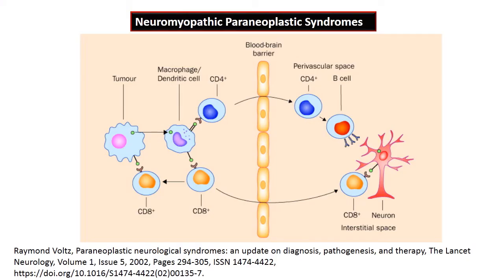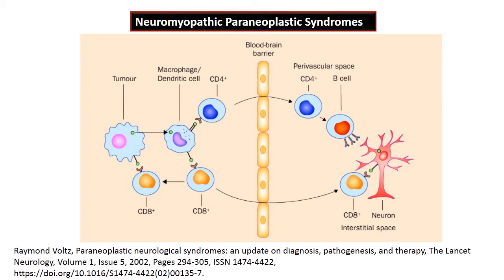This is the proposed schema for the pathogenesis of neuromyopathic paraneoplastic syndrome. An onconeural antigen is expressed within the tumor cell. When the cell dies, the antigen is taken up by local dendritic cells or macrophages and it is presented to both cytotoxic and helper T cells by MHC class 1 and MHC class 2 respectively.